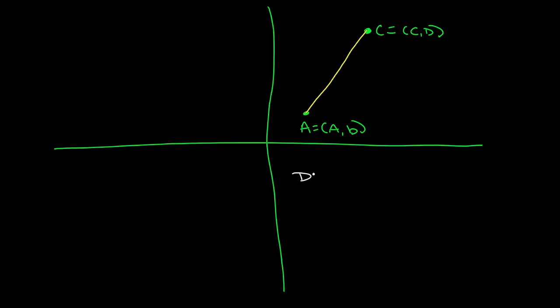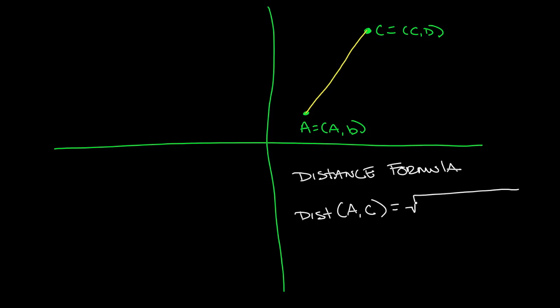What the distance formula says is that the distance from A to C is the square root of the difference in the x values, c minus a squared, plus the square of the difference in the y values, d minus b squared.